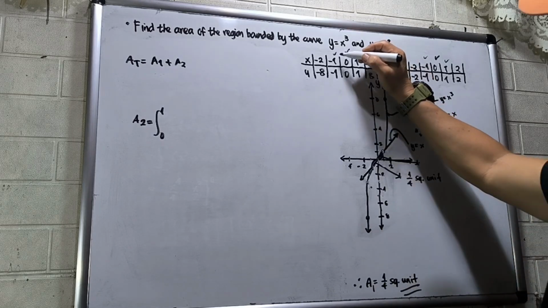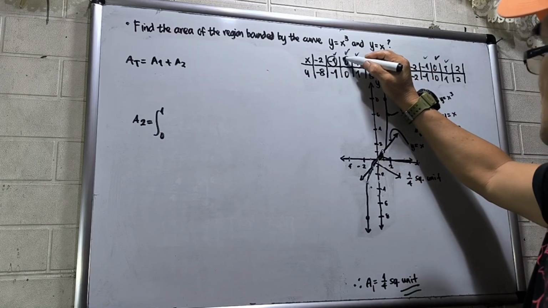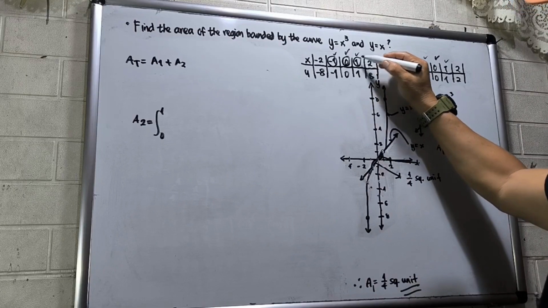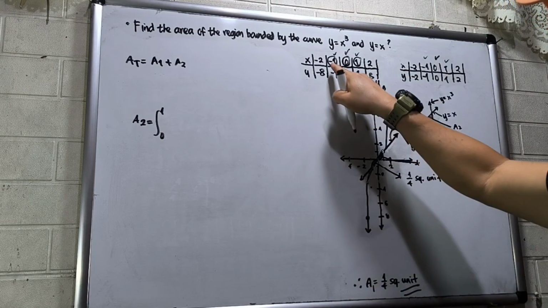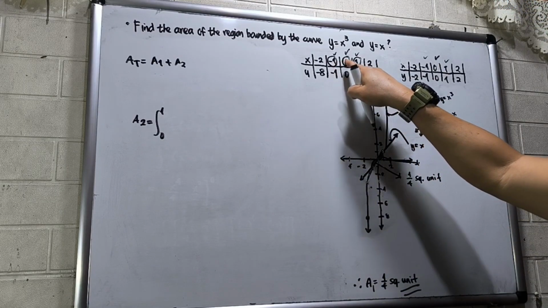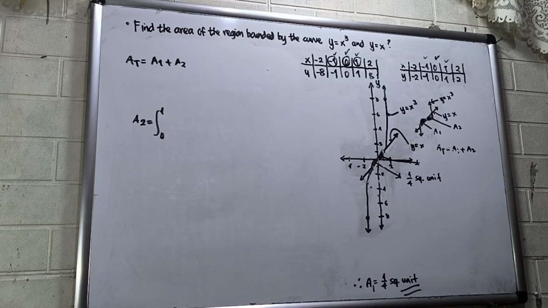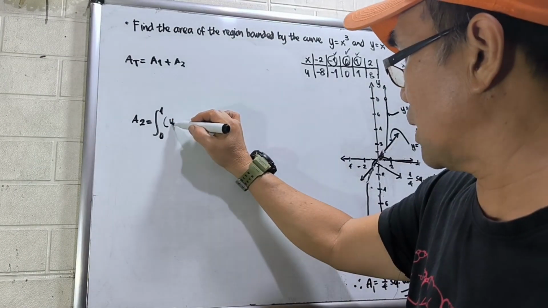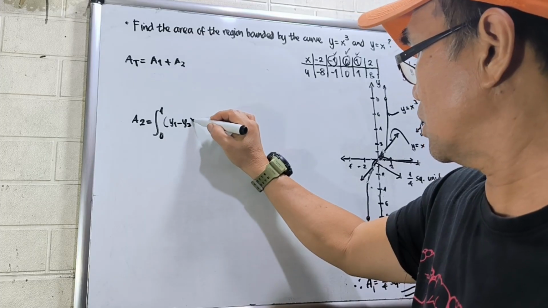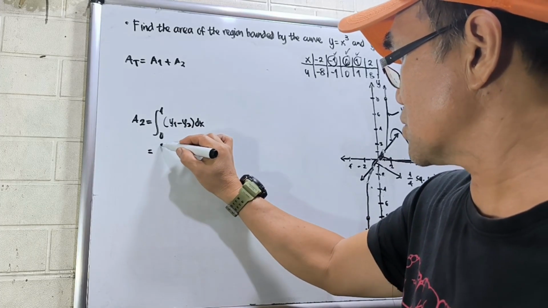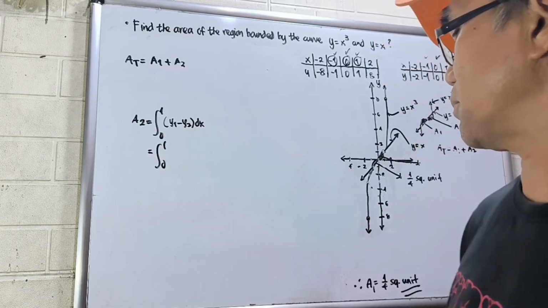Because we have negative 1, 0, then positive 1. So the points of intersection are at negative 1, 0, and then 1. So the same, y1 minus y2 dx. So the integral from 0 to positive 1.